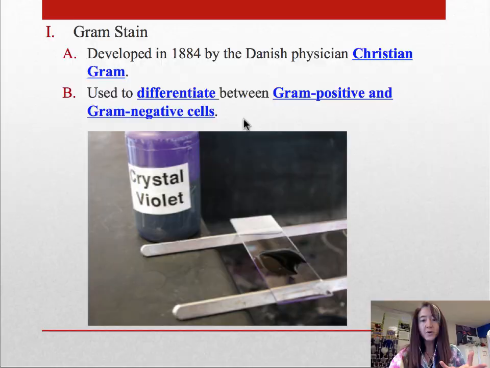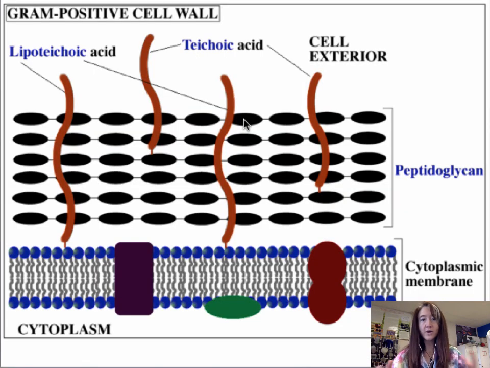So those that could retain the dye were called Gram positive, and this is what the structure of a Gram positive cell looks like. Notice that its quintessential feature is a very thick layer of peptidoglycan. In fact, Gram positive cells may have as many as 30 sheets of peptidoglycan.